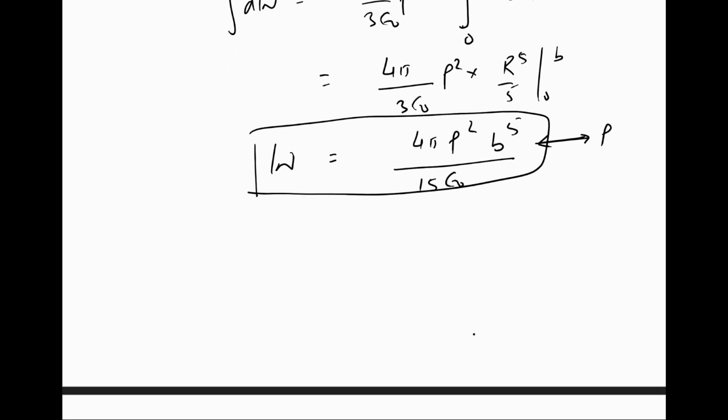Now let us further take our expression of potential energy which we found, half of Q_k V_k, where k was varying from 1 to the total number of charges. We want to modify this equation for a case when the charge, instead of being point charges, is uniformly spread. How to do that?